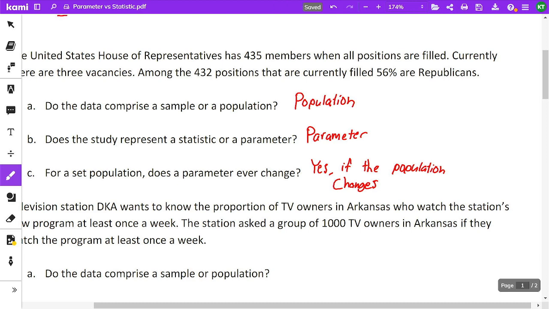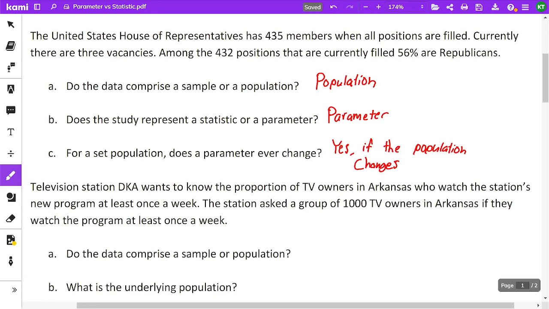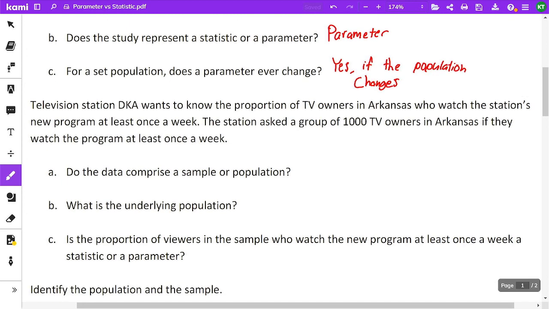Okay, so we can now move on to the next question. It says television station DKA wants to know the proportion of TV owners in Arkansas who watch the station's new program at least once a week. And the station asked a group of 1,000 TV owners in Arkansas if they watch the program at least once a week. So, in this one, do the data comprise a sample or a population?